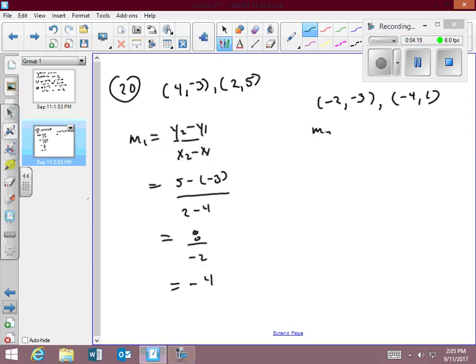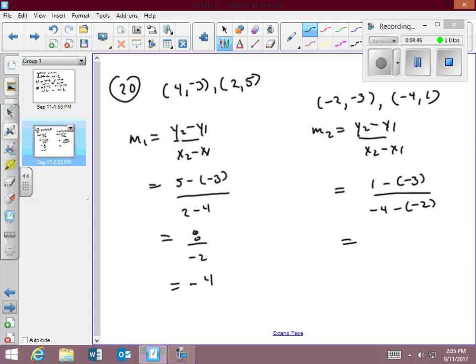So if we take slope here, and I would take the second one and call it x2, y2, I would have 1 minus a minus 3, over minus 4 minus a minus 2.